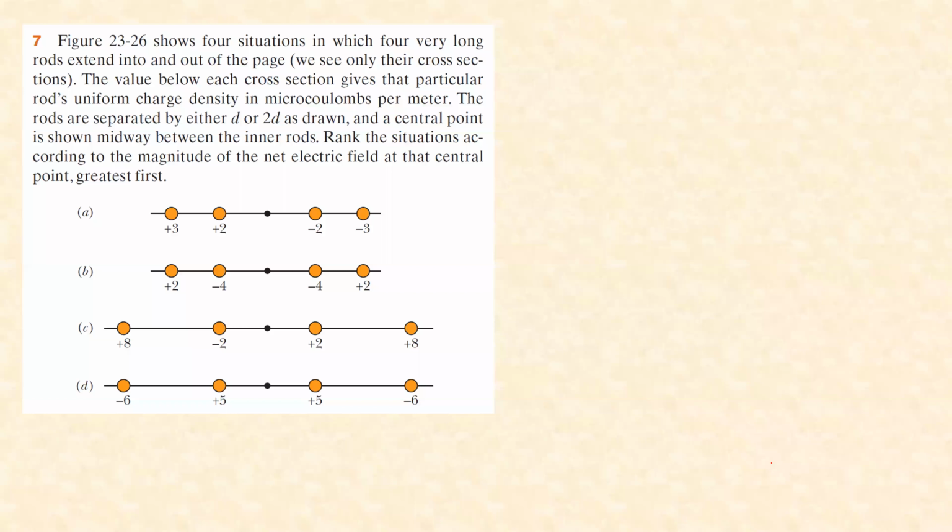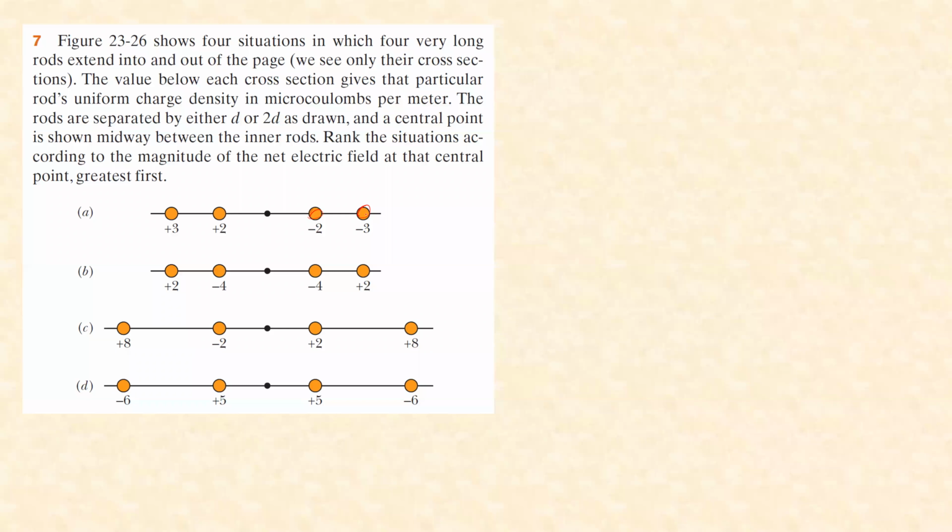So let's do this one. Now, imagine what is going on. 4 situations in which 4 very long rods, see, these are rods, extend into and out of the page. We see only their cross sections that are these little circles.